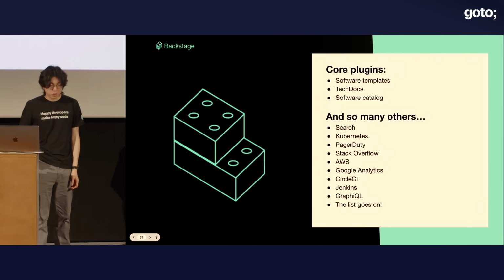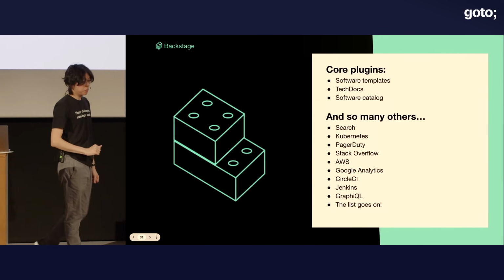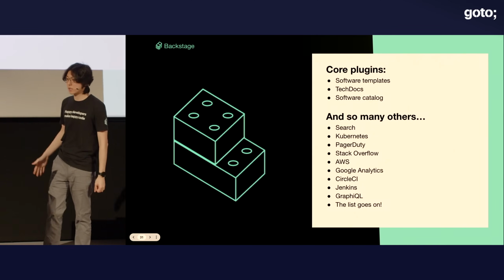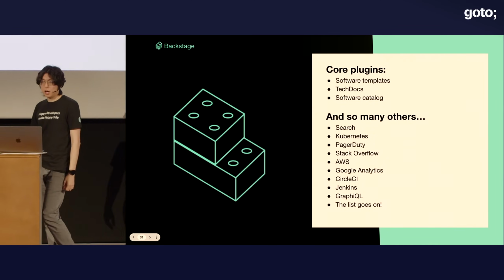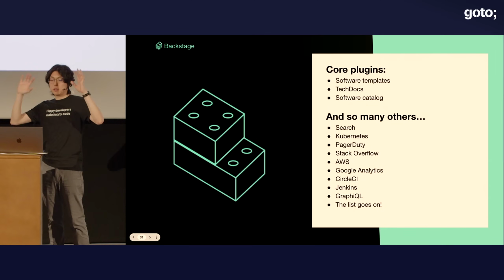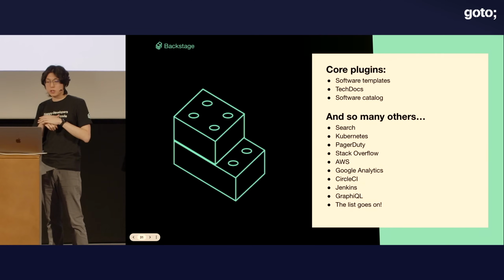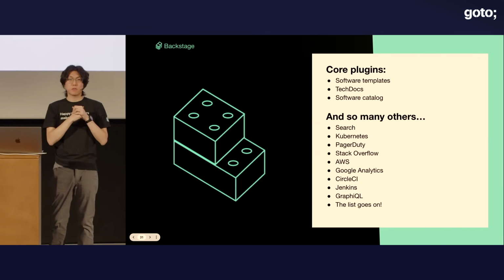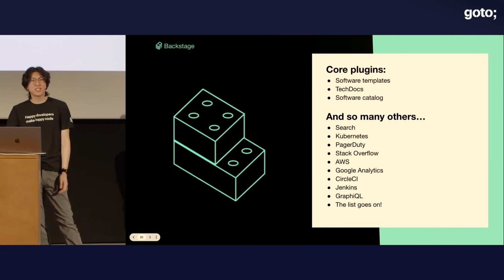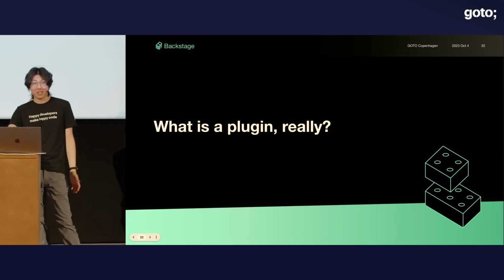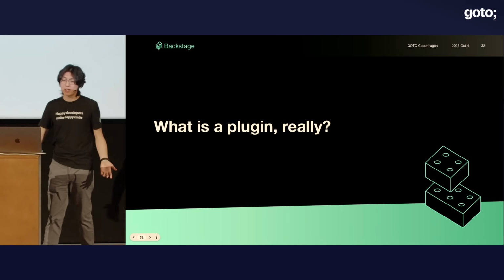Okay, so let's jump to this whole plugin ecosystem thing, because I know we've mentioned this a lot previously. I keep saying, oh, core features are plugins, and previously I mentioned that all of the useful functionality of Backstage is also in the form of plugins. So it would be right of you to ask, is everything in Backstage just a plugin? Well, yeah, actually, that's kind of the right answer.